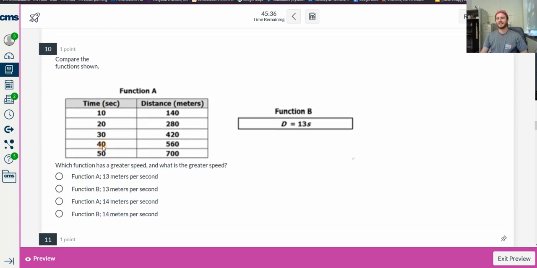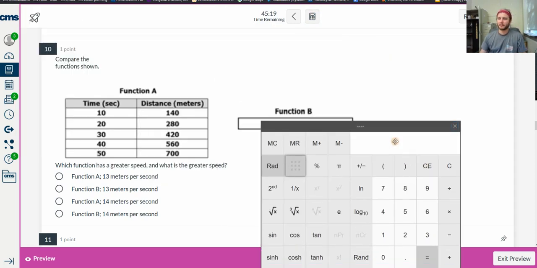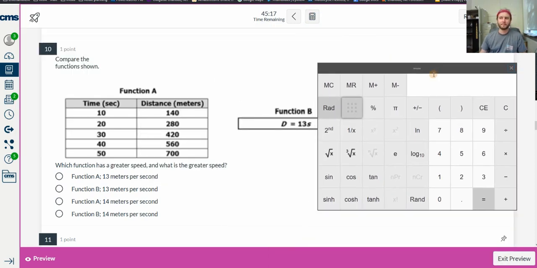For number 10, it's asking us to compare these two functions. So for this, it's asking which function has a greater speed and what is the greater speed. So for function A, we have to dip back into 6th grade a little bit. This is talking about rate of change or slope or just a unit rate.